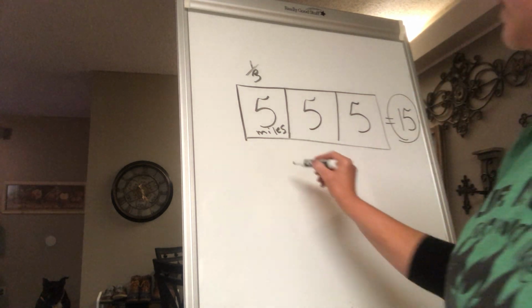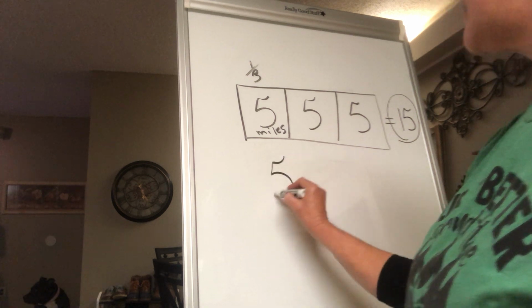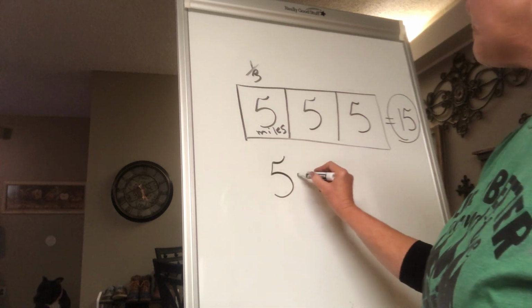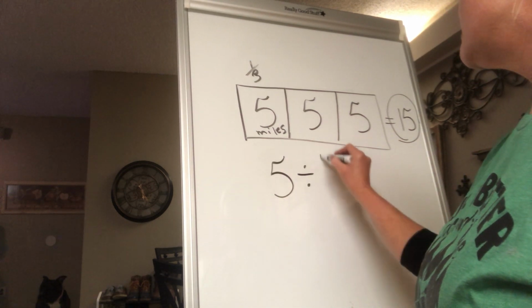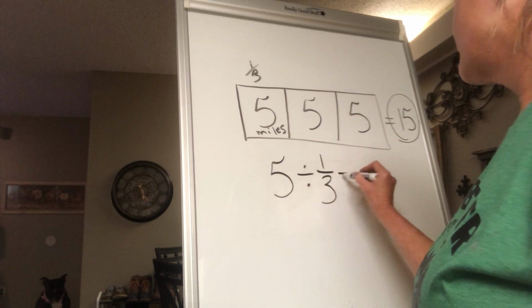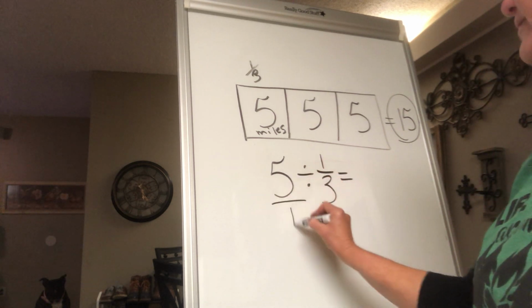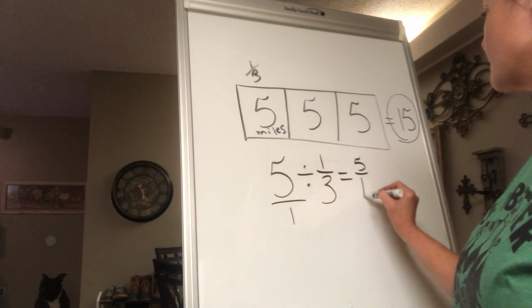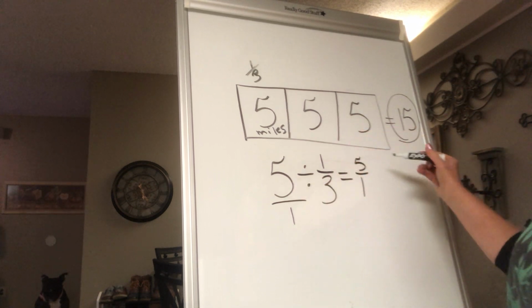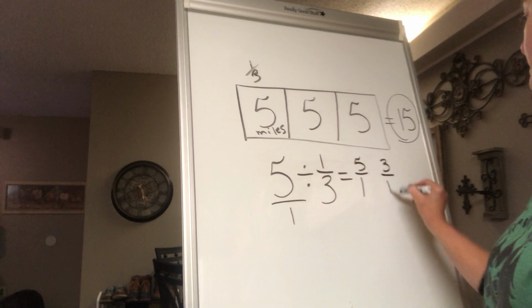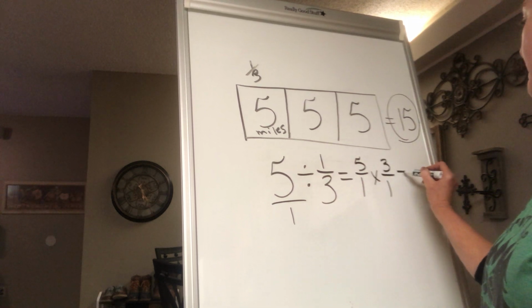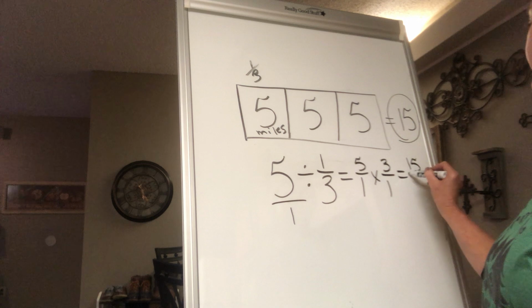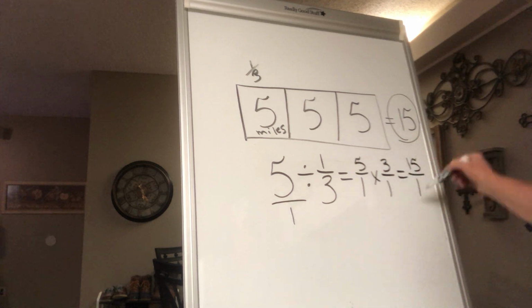So if you have the 5 miles divided into thirds or by thirds, we look at the 5 as a 1. We slide it on over. We flip the second. And we multiply. So we would get 15 over 1, which is 15.